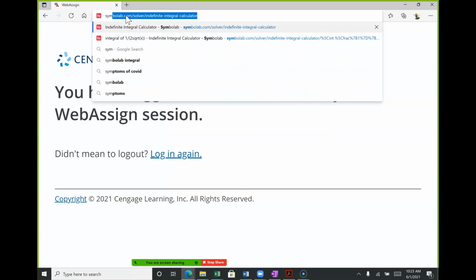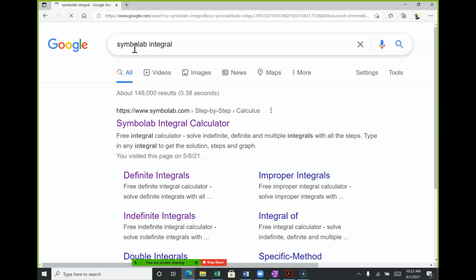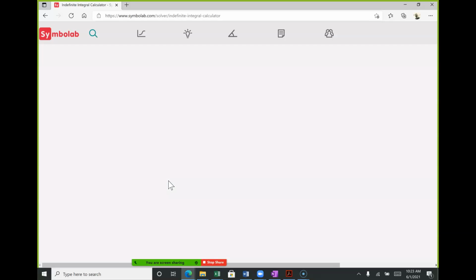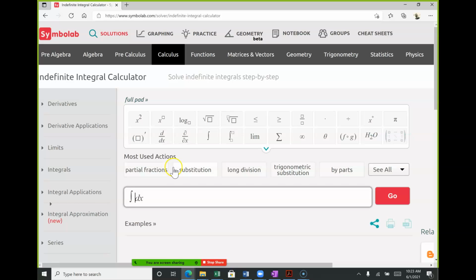I just like going Symbolab. And I'm doing integrals right now, so I can do any of these things on here. This is pretty powerful: definite integrals, indefinite integrals, improper integrals, we're doing all of these. Indefinite integral, that's when we're not finding areas, we're just finding antiderivatives, right?